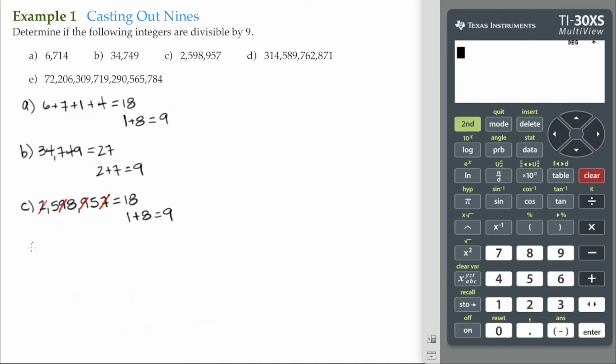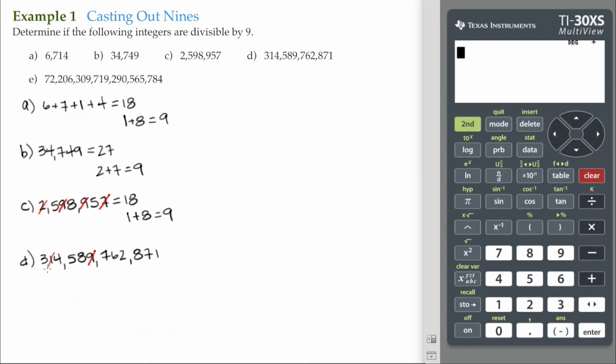Let's try D. That's 314,762,871. Again, we'll just cancel out, or cast out, nines or values that sum to 9. Here's a 9 here.